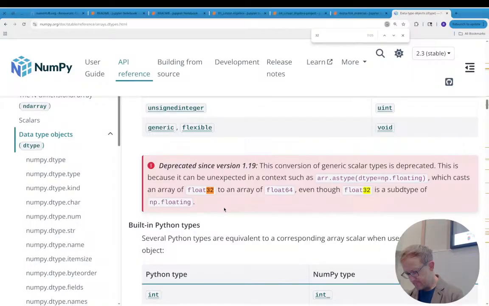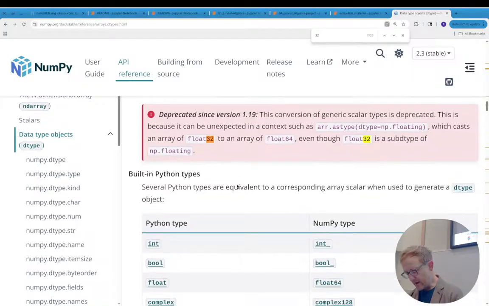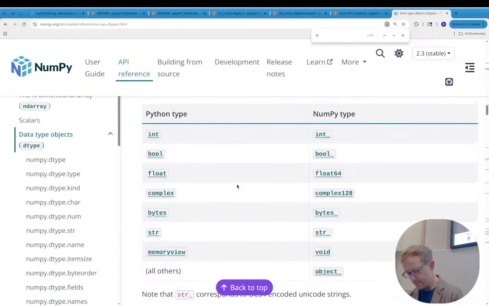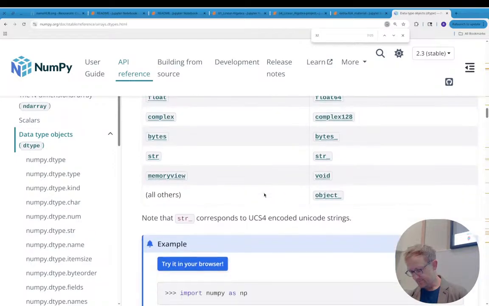Floating? Looks like we don't have a float 32 anymore. There's only float 64. I mean, it makes sense. Nobody uses 32-bit numbers anymore. I'm just surprised that it's gone.